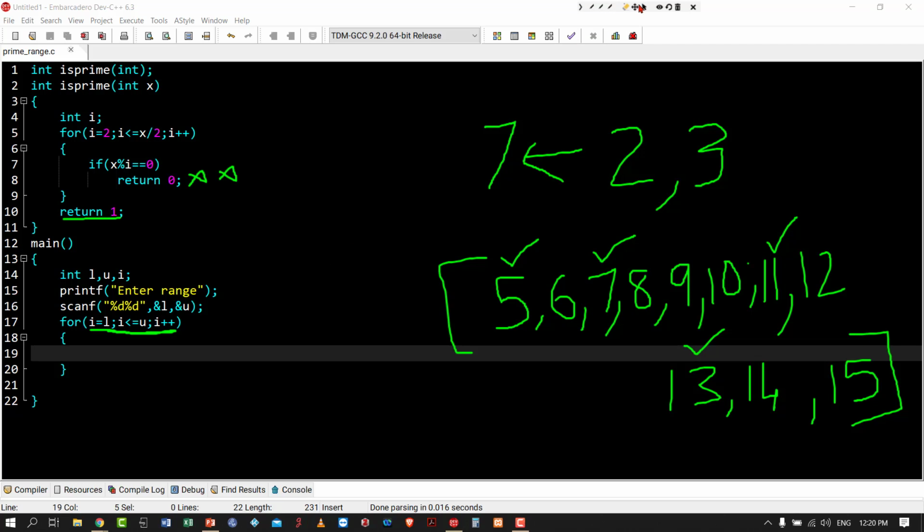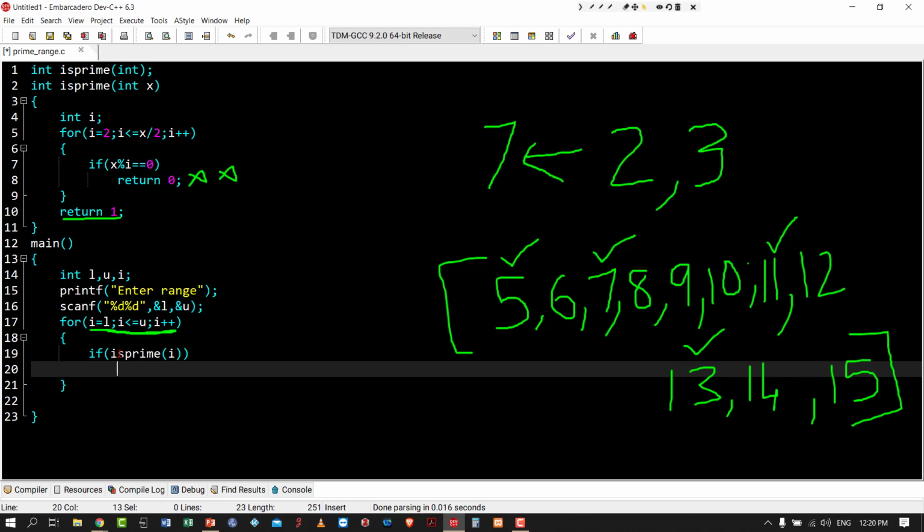What I am going to write here is: if is prime of I, printf percentage d comma I.